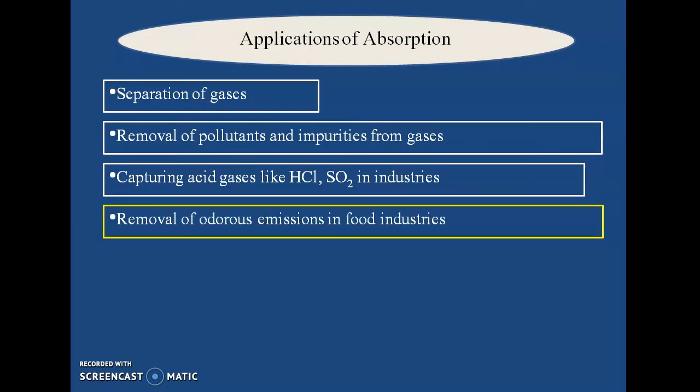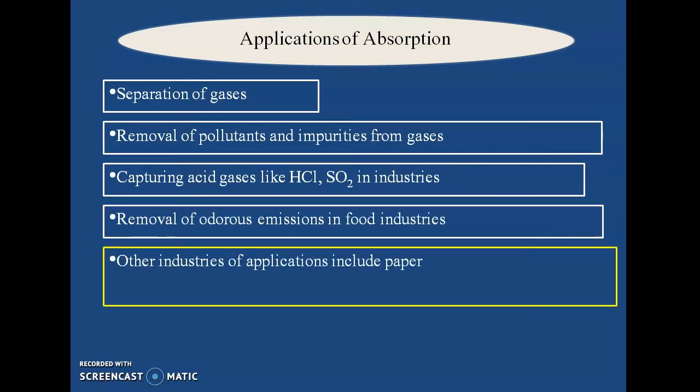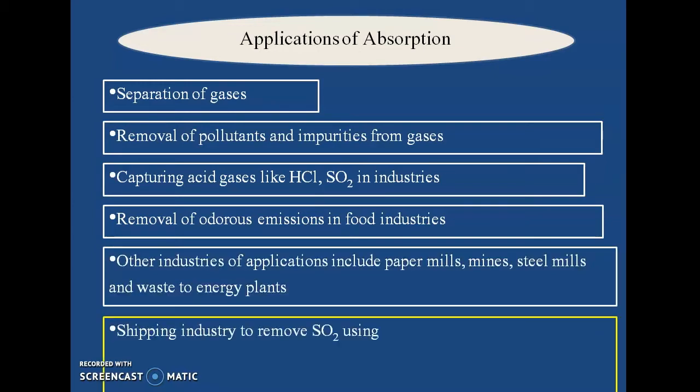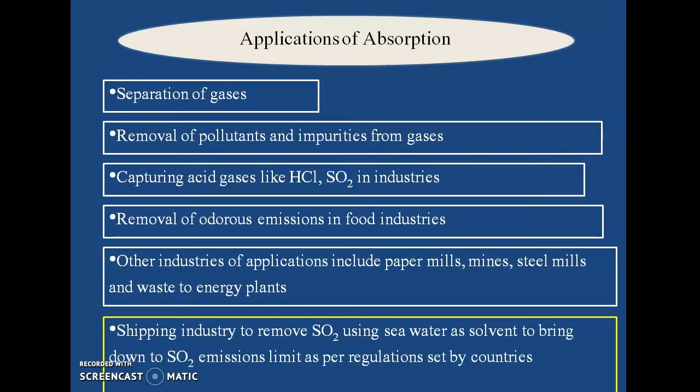Removal of odorous emissions in food industries and other industries of application include paper mills, mines, steel mills and waste to energy plants. In all these industries, we can see the applications of absorption. Shipping industry also uses absorption to remove sulfur dioxide using seawater as solvent to bring down sulfur dioxide emissions within limits set by countries. These are the brief details of applications of absorption.